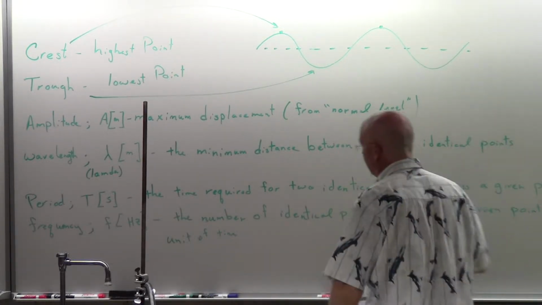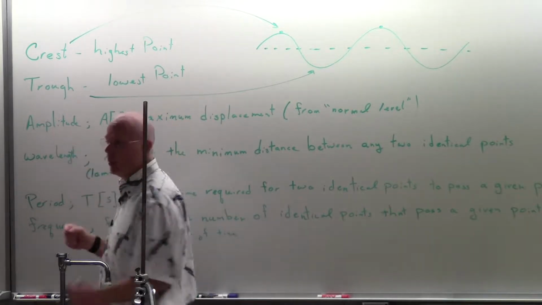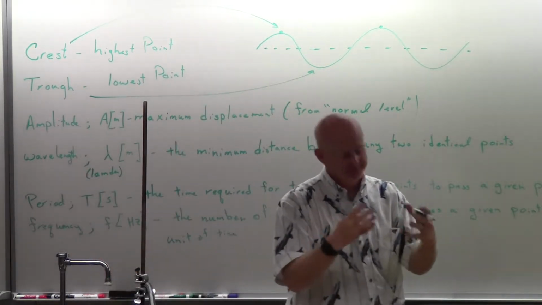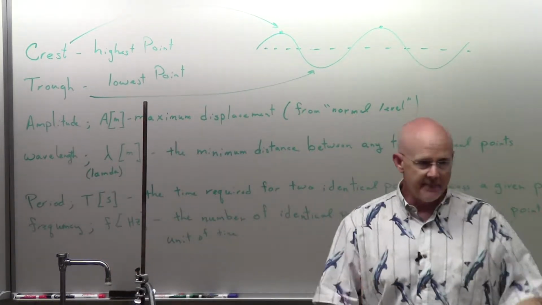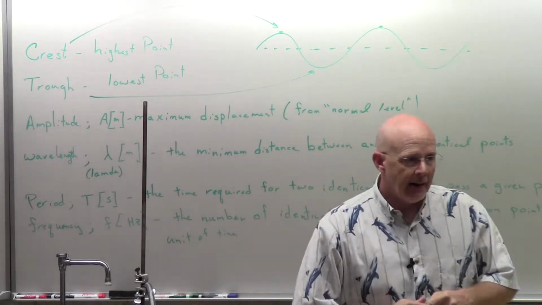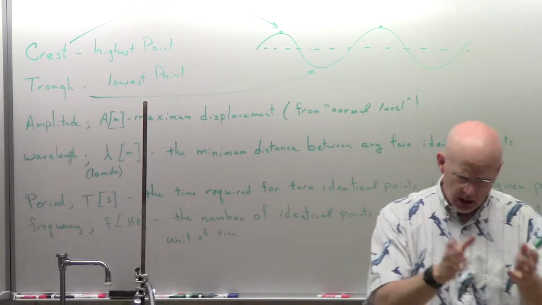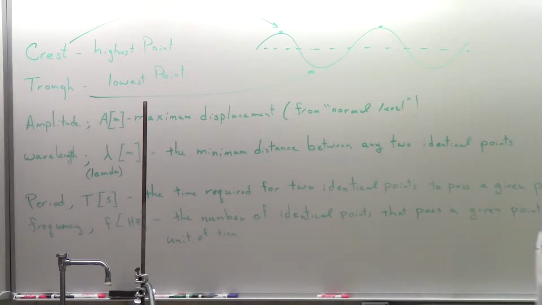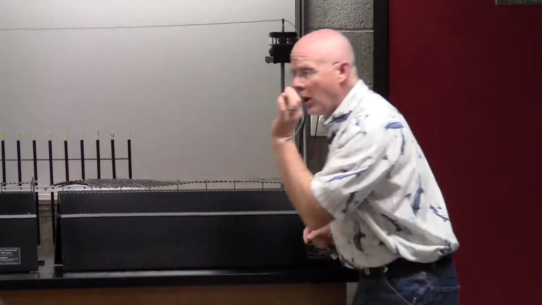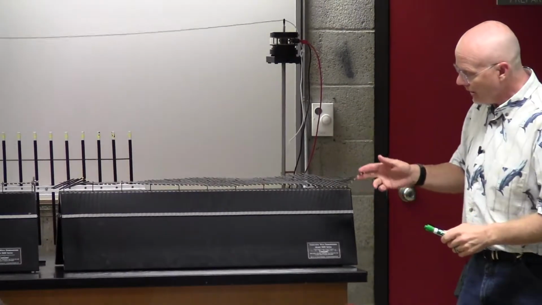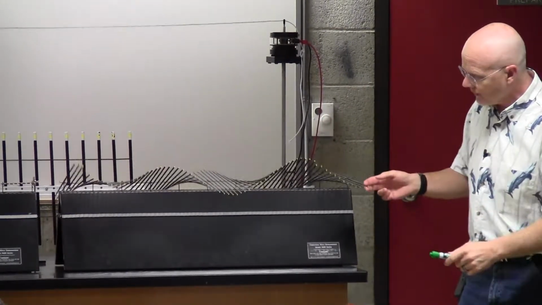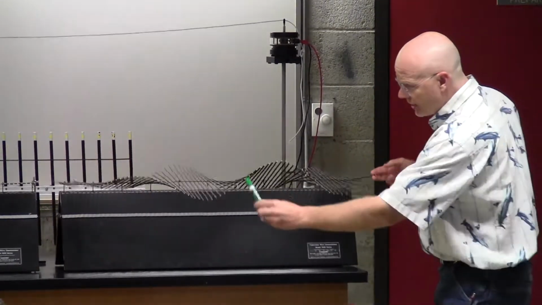Next thing, amplitude. Well, again, we used that word last chapter, really kind of means the same thing. Of course, these are moving along, and that's where visually it gets a little bit different. But let me make these waves again. Let me have you just look at one rod by itself. And when I make a series of waves, of course, I think your focus is on watching them move.